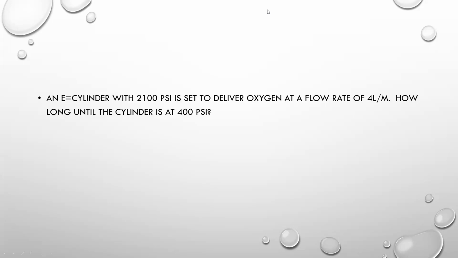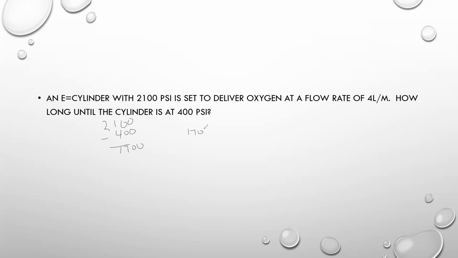So the same scenario here as we had with the K cylinder. We're still working with an E cylinder, so we'll still utilize the cylinder factor of 0.28. But now what we'll do is we'll take 2100 and subtract 400 from 2100, leaving us with 1700 PSI. So 1700 is now the number that we'll plug into our formula.